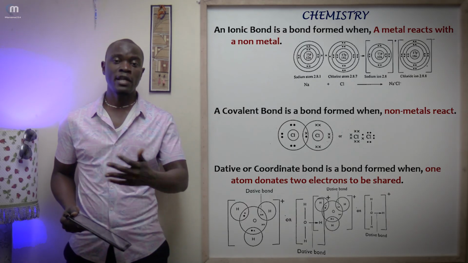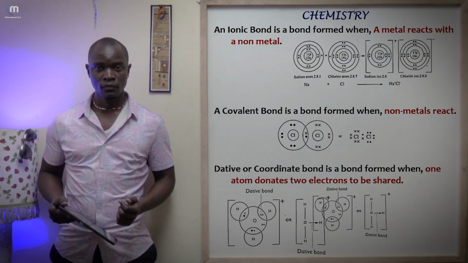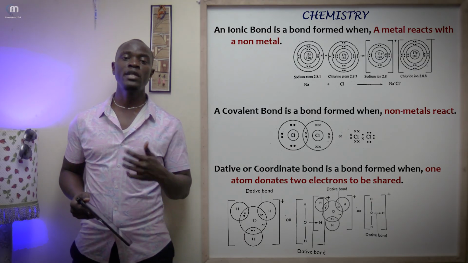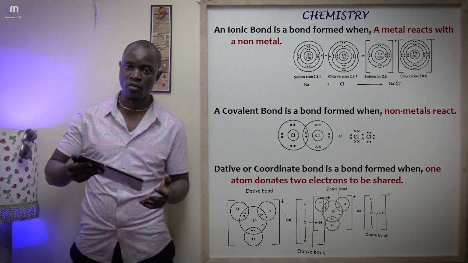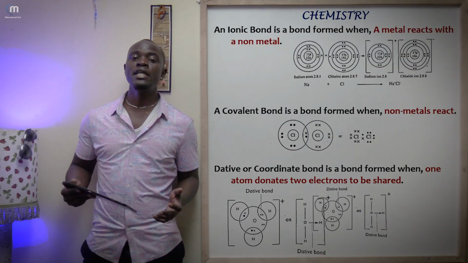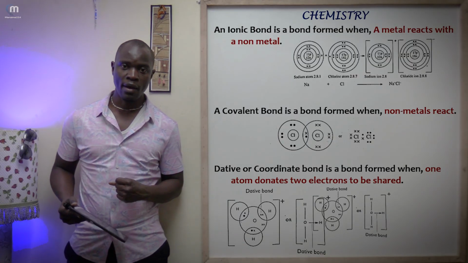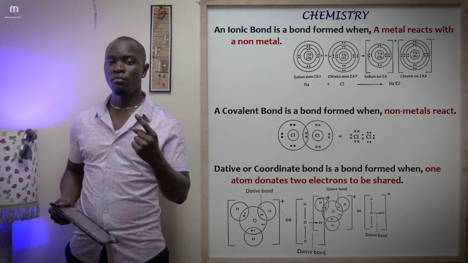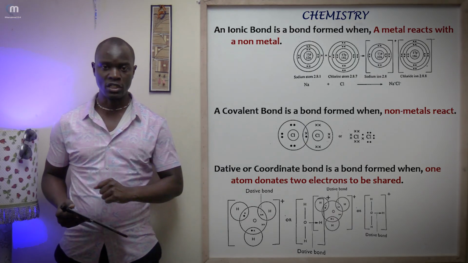We went through covalent bond, which is a bond formed between non-metals. Apart from that, we went through coordinate or dative bond, which is a special type of covalent bond whereby one atom donates 2 or more electrons to be shared.